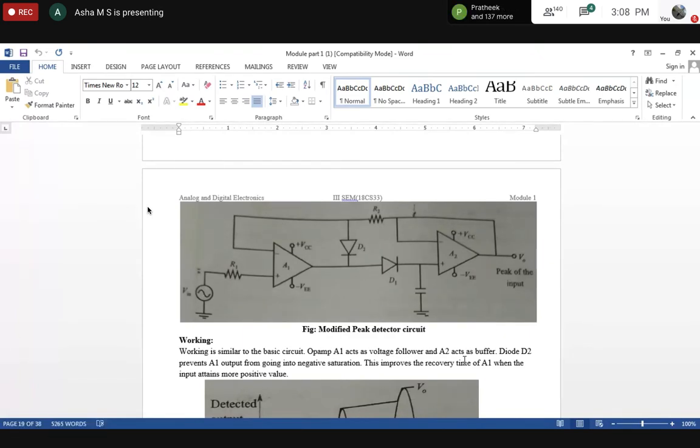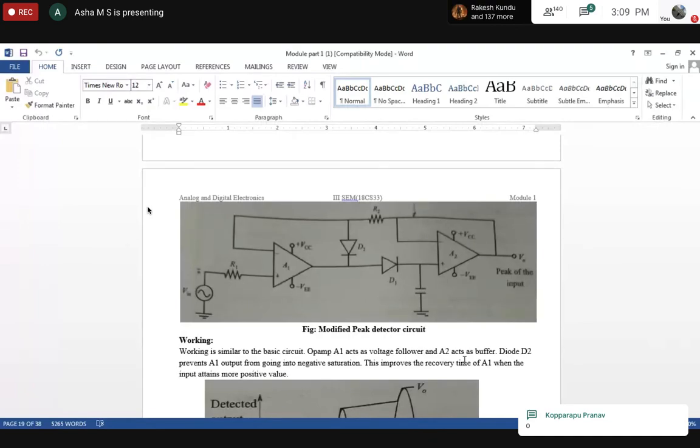The circuit that is present around A2 is your basic circuit, correct? So whatever Vin you are applying as the input to A1, the same input you are getting at A2, at the diode D1 input. So that's why we call this a voltage follower. The output follows the input. Whatever you are applying as an input, the same thing you are getting at the output. Got it?